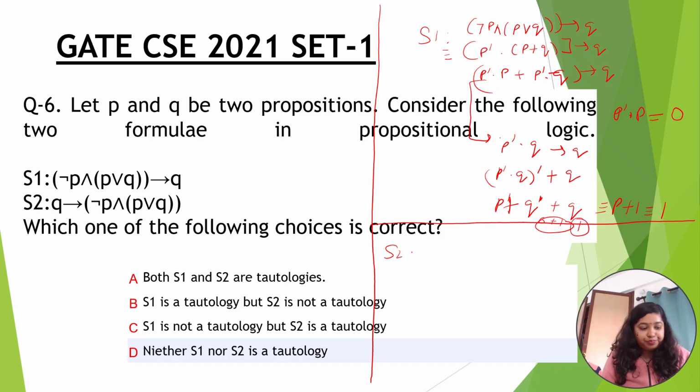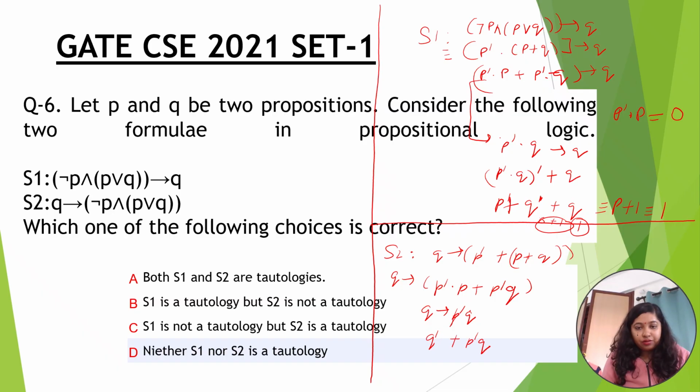Okay, now S2 gives P bar plus P plus Q, Q gives P bar dot P plus P bar dot Q, Q gives P bar Q, Q dash plus P dash Q, Q bar plus P bar, ब्रेक कर लेंगे हम इसे, और Q bar plus Q. Now it will be like Q bar plus P bar.